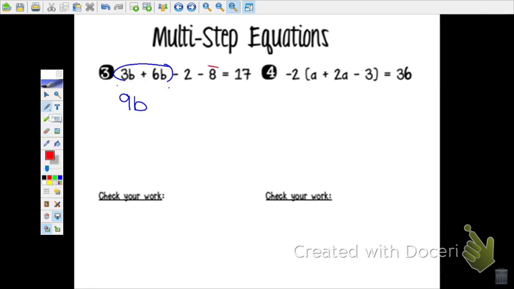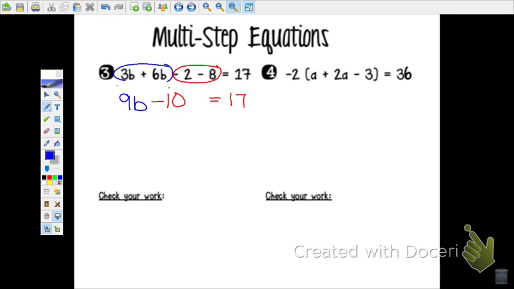I also have my constants to combine. I have a -2 and a -8, which gives me -10. So when I clean up the left side, I get 9B minus 10 equals 17. Now that I cleaned it up, it's similar to what we worked with the last 2 days with our 2-step equations.